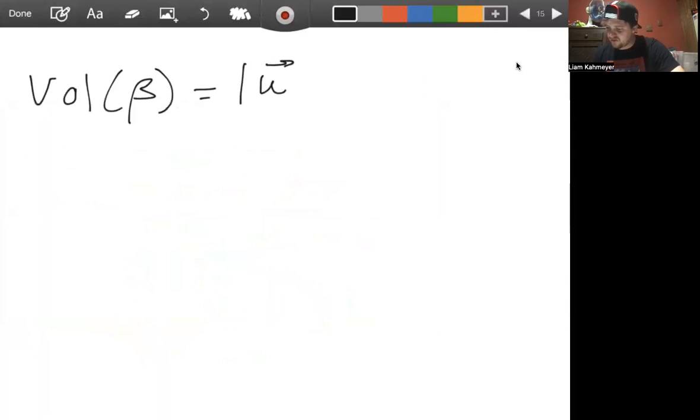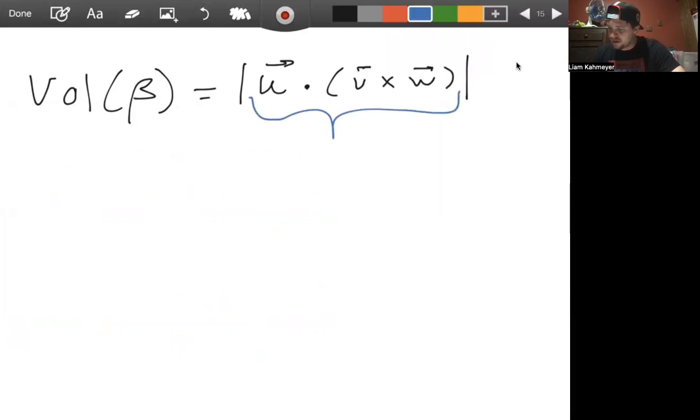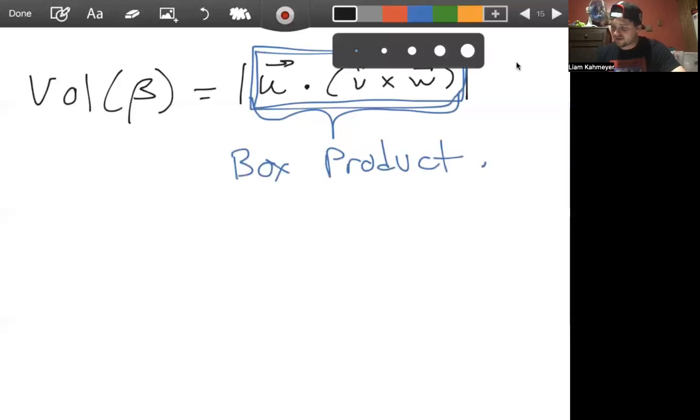Then the volume is the absolute value of u dot product with the cross product of v cross w. And this quantity here, I'll box it. This is called the box product. Let's see why this gives us the volume.